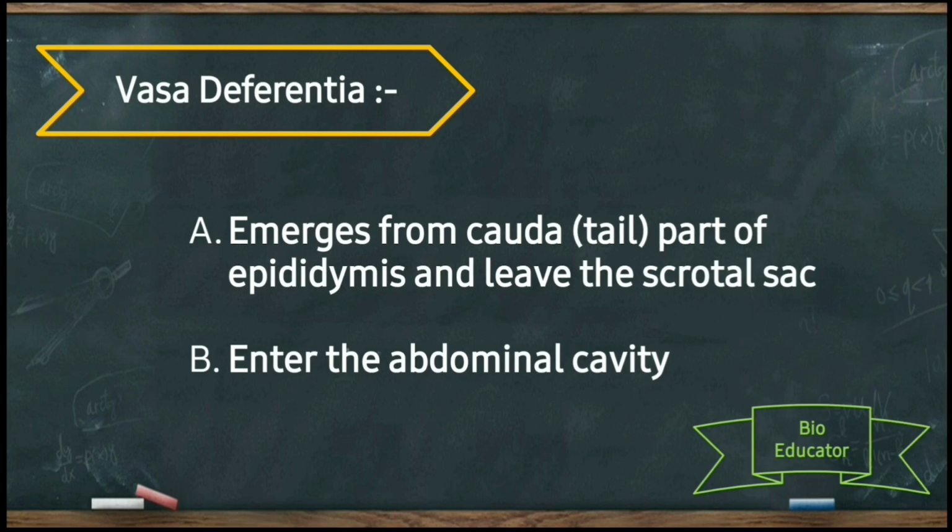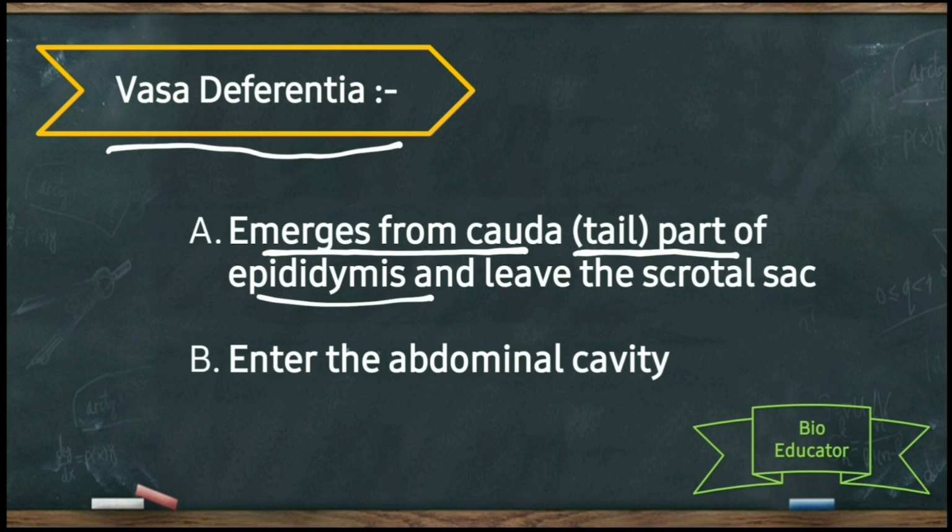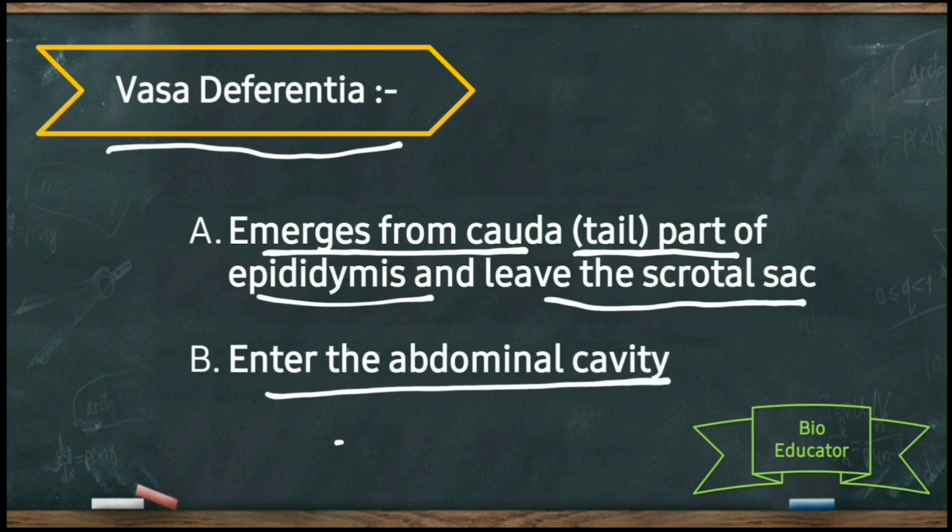After the epididymis, the vasa deferentia comes. It emerges from the cauda, which means the tail part of the epididymis. Vasa deferentia leaves the scrotal sac and enters into the abdominal cavity through the inguinal canal.